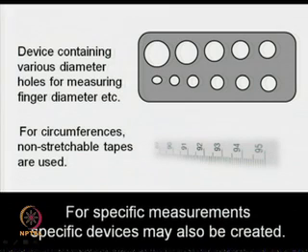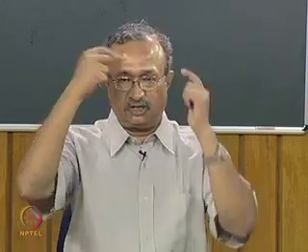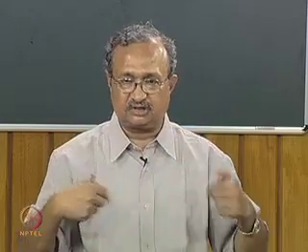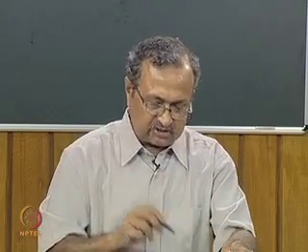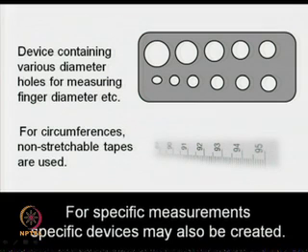You need to put your finger in these holes, and where it fits, that would be your measurement. Now, for circumferences, the body circumference, head, and different circumferences, non-stretchable tapes are used. Why does it have to be non-stretchable?